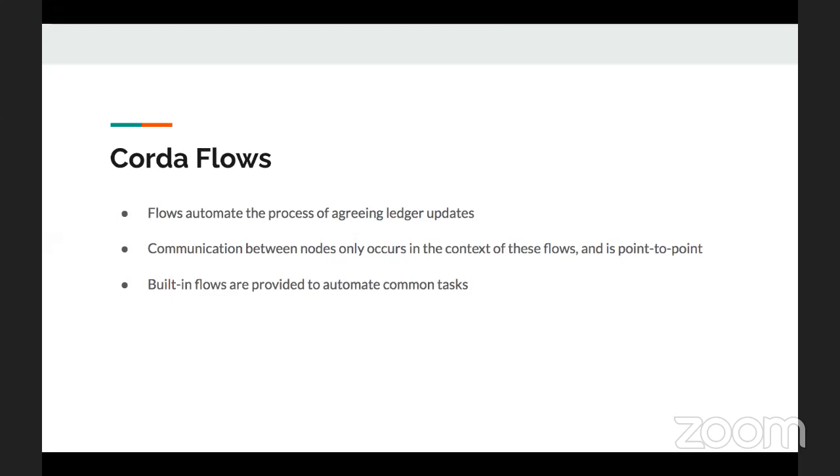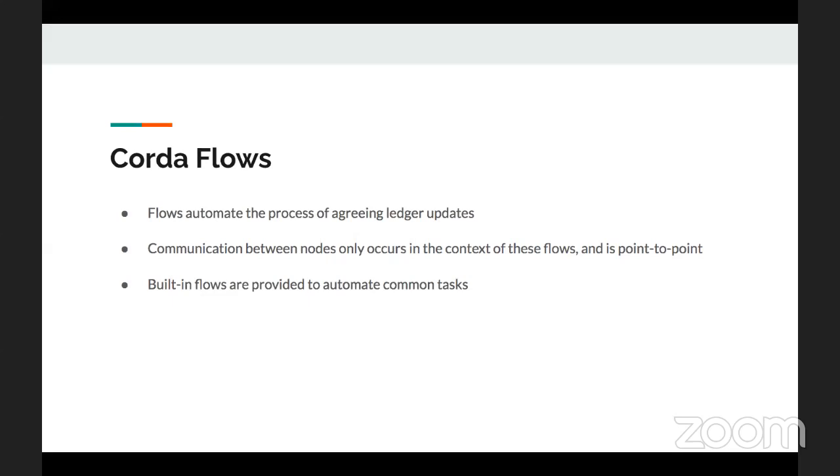Now let us get into the very important concept we studied earlier called Corda flow. Flows automate the process of agreeing to ledger updates. It is the communication between nodes. All the nodes communicate to each other through these flows, and this is point to point.